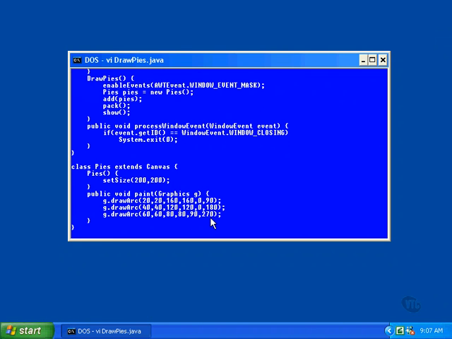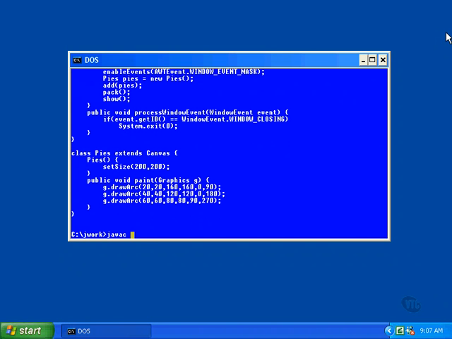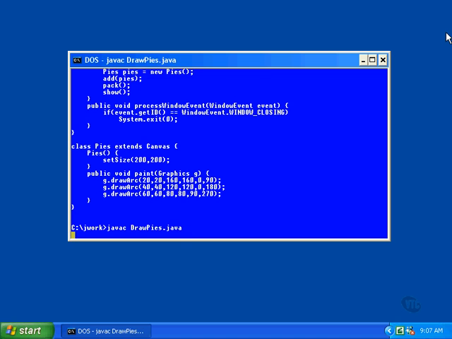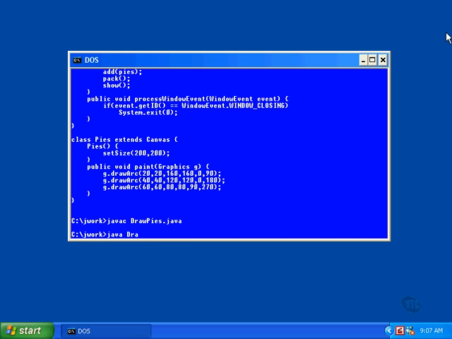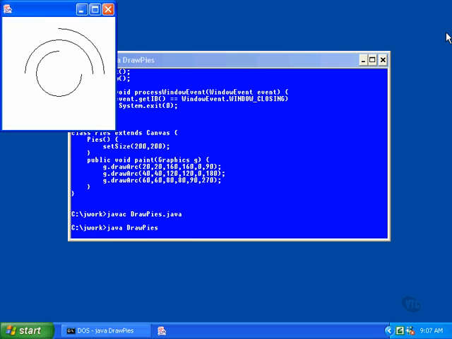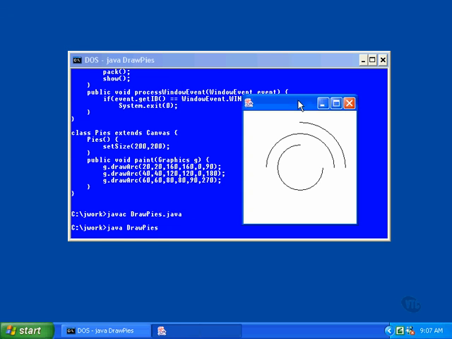Let me show you how this example works. There are three arcs involved here. The outer arc goes from 0 degrees to 90 degrees here.